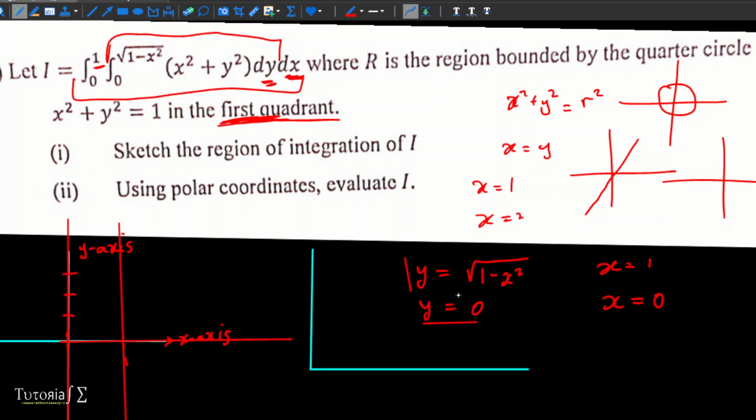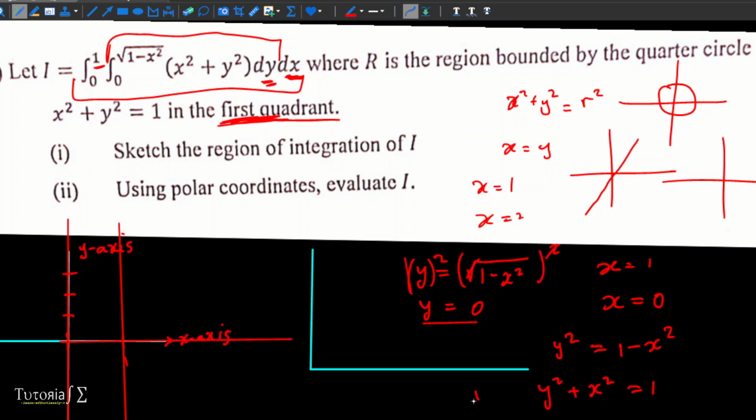So for this one, you look at this, it is y, you get rid of the square root by squaring both sides, and you're going to have y squared equals to this, and this will cancel, and you have 1 minus x squared. You rearrange the y's and the x's together, so this would be y squared. The x comes this side, so it would be plus x squared is equals to 1.